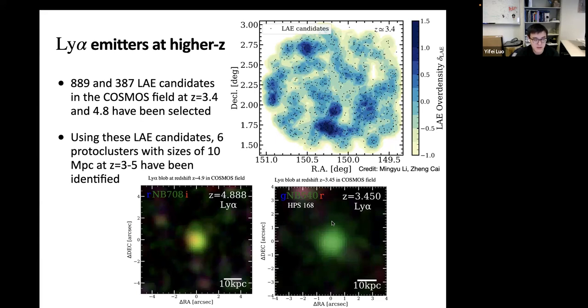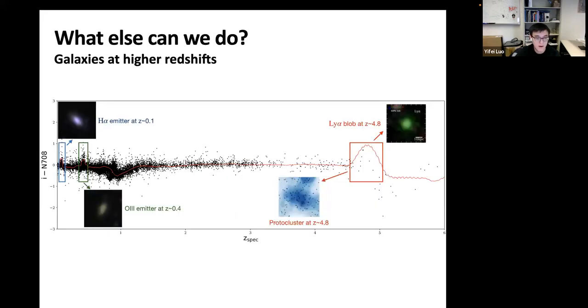We believe with Merian filters we can also measure their distribution on the sky, so we can probably also probe some protoclusters or Lyman alpha nebulae. So yeah, this is basically the idea.